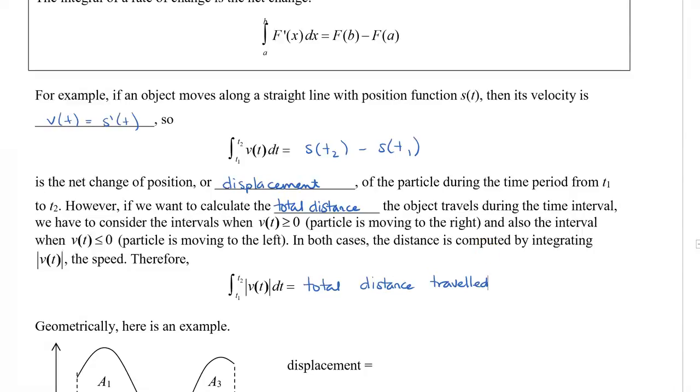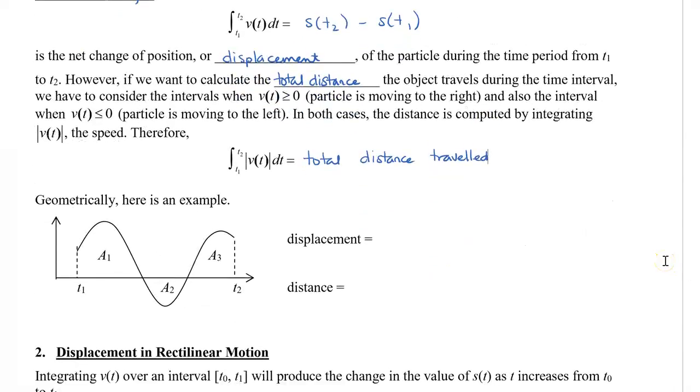So geometrically, here is what it looks like. Let's say that our x-axis represents the time and our y-axis represents our velocity. Then the area between the curve and the x-axis will be our distance.